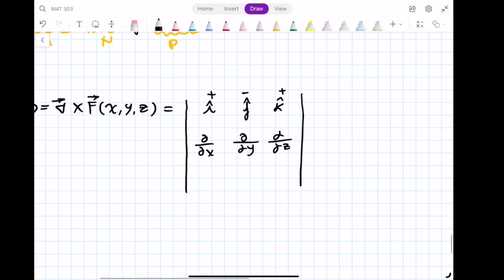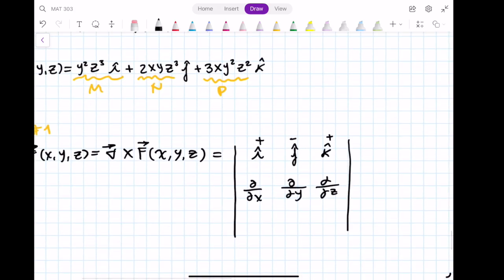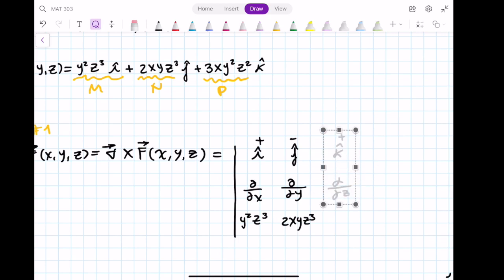And now M, N, and P. That M is going to be here, N here, and P, oh, we're running out of space, okay. Let's do it again. Here.